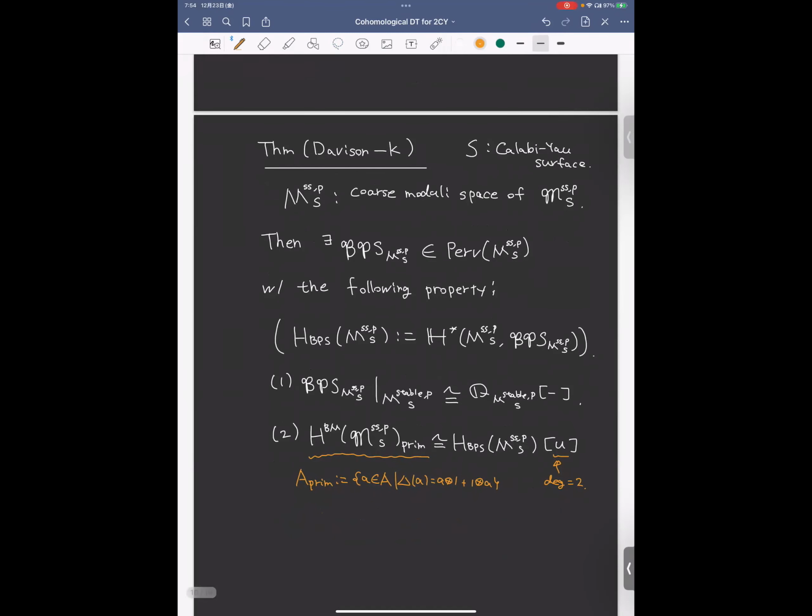And the following statement is essentially equivalent to this statement by the Milnor-Moore theorem.